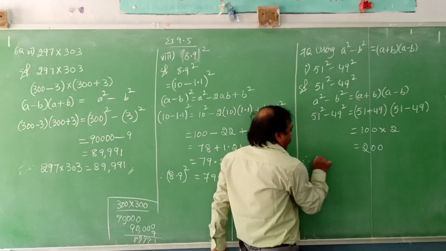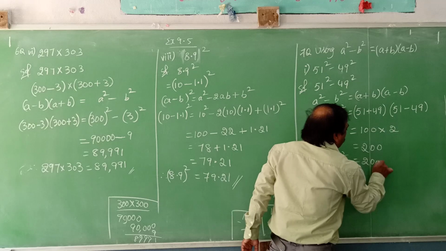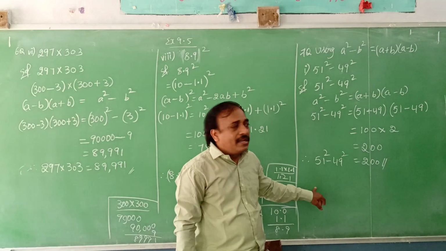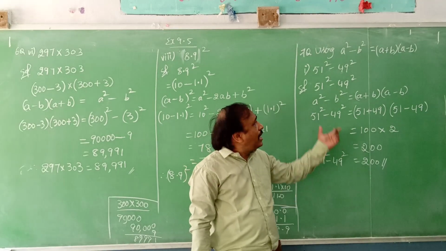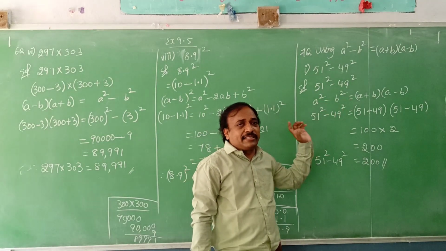Therefore, 51 square minus 49 square is equal to 200. Is it clear how we are using the identities? I hope you understood. a square minus b square is equal to (a plus b) into (a minus b).